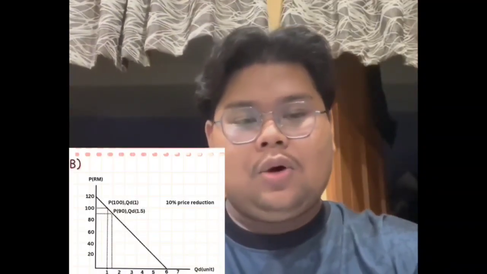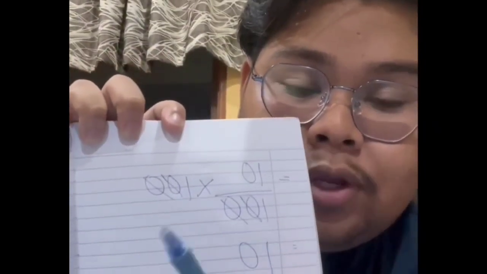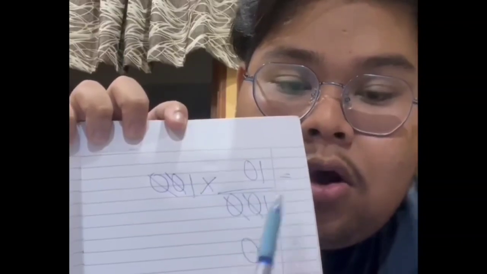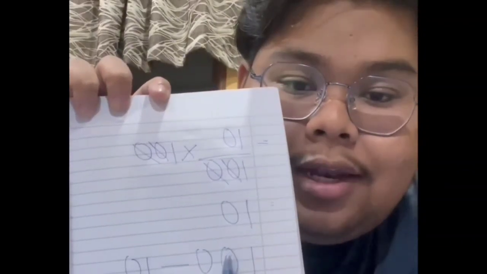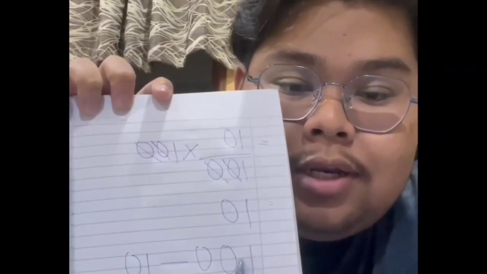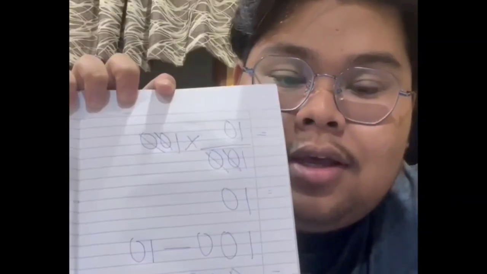So how do we calculate the 10% price reduction? Price 1 is 100 and quantity demanded is 1. We take 10 over 100 times 100, so we get 10, and then we take the price 1, 100, minus 10, and we will get 90.